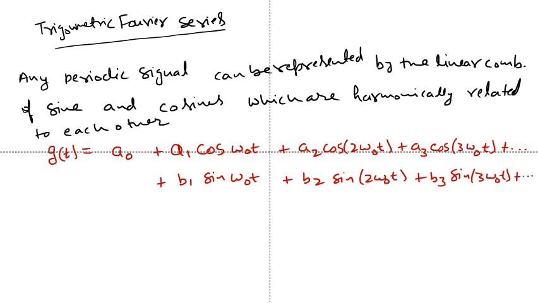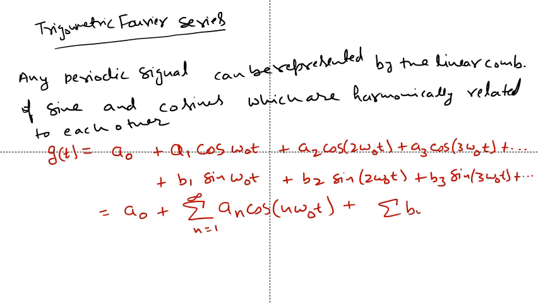So we can write this in short: A naught addition with summation of An cos of n omega naught t, where n is from 1 to infinity. Also we will be having a term Bn multiplied with sine of n omega naught t, where n is from 1 to infinity.